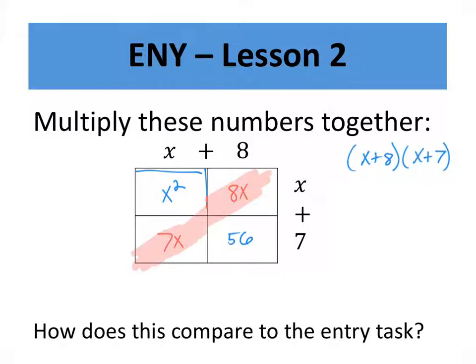We've got 15x. We've got an x squared. And we're adding these all together. And we've got a 56. And so when I multiply these two binomials, I get this trinomial of x squared plus 15x plus 56.